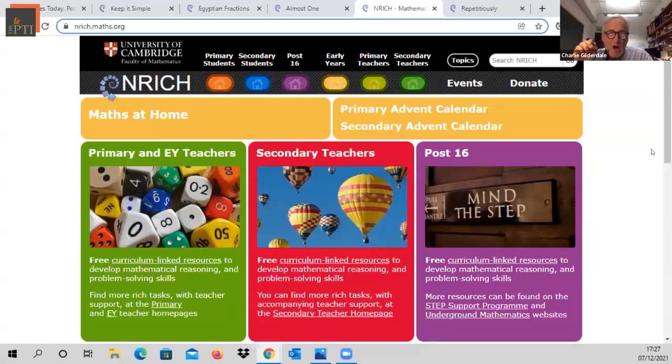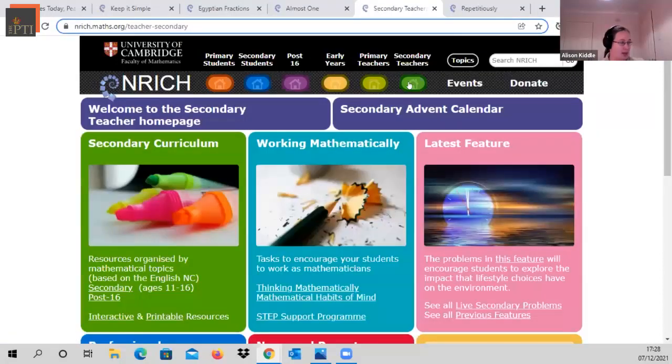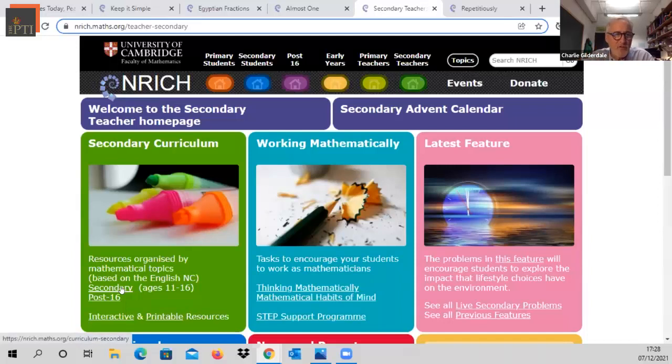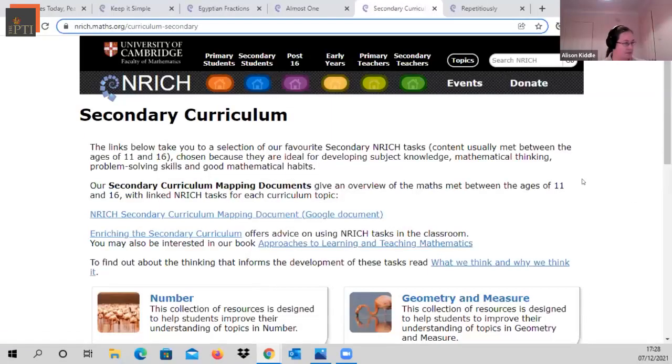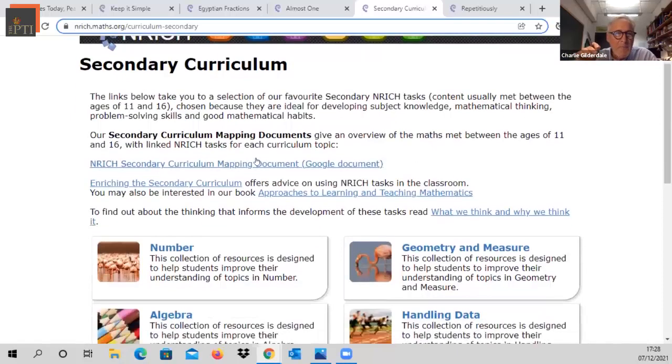So if you click on that green lozenge, which says secondary teachers. Just here? That's the one. And then on the left-hand box where it says secondary curriculum, there's a link to secondary resources organized by mathematical topics. That one? That's the one. And there is a Google document and there's a link to it.